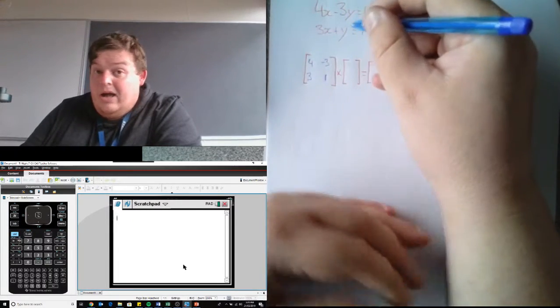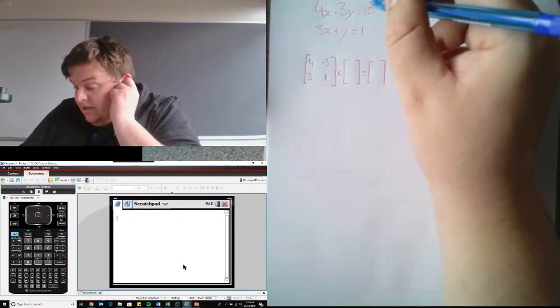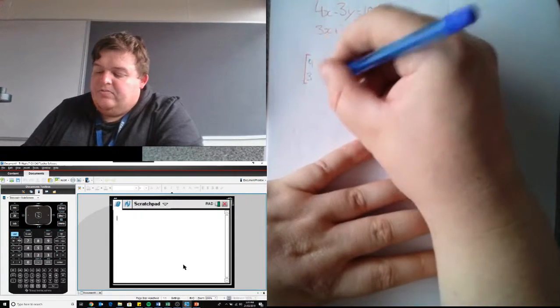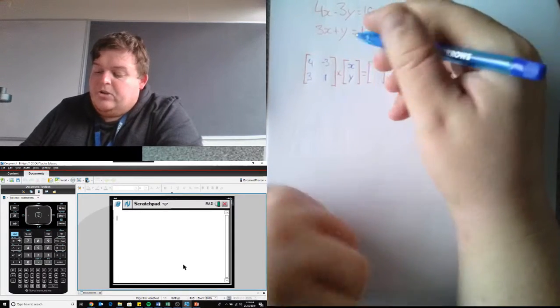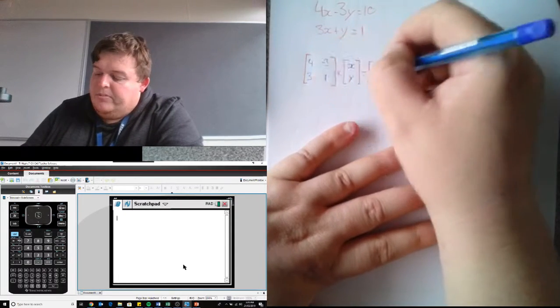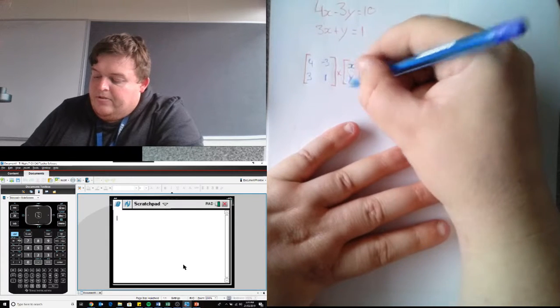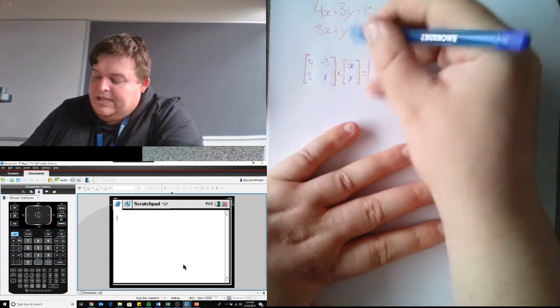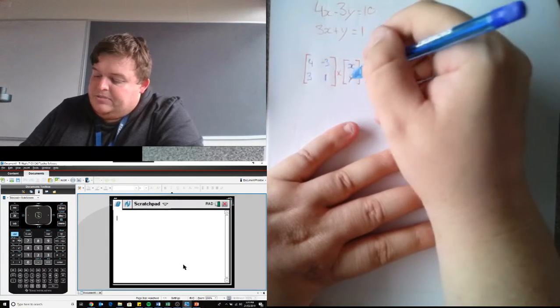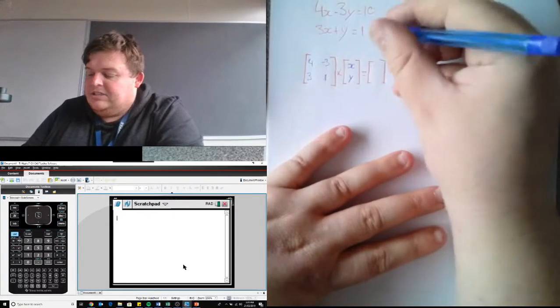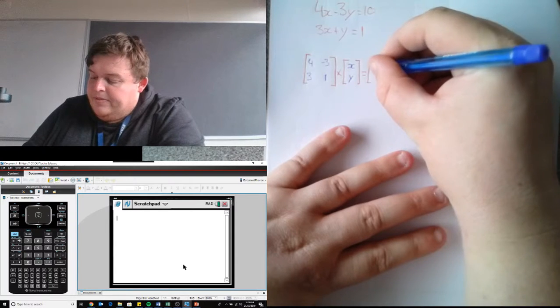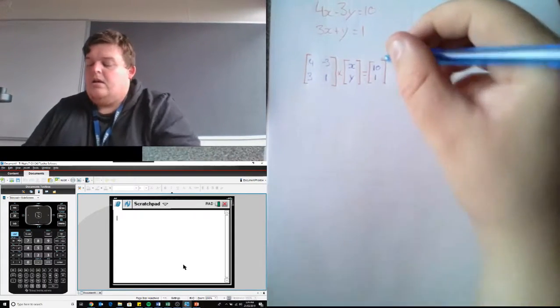If there's no y, it just means that this value is a 0. And I'm going to bring in those pronumerals, and if you multiply these out, this row times this column, it becomes 4 times x and minus 3 times y. So it sort of fixes itself. And then our answers go in here.